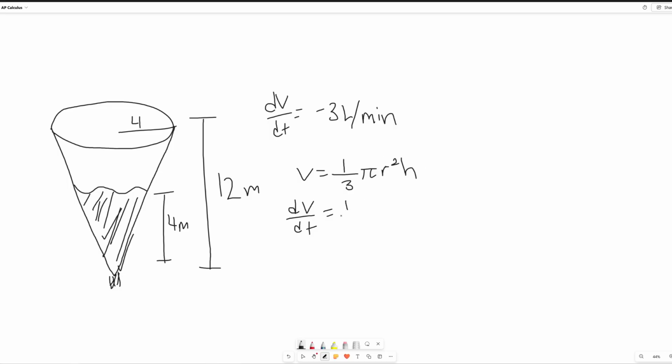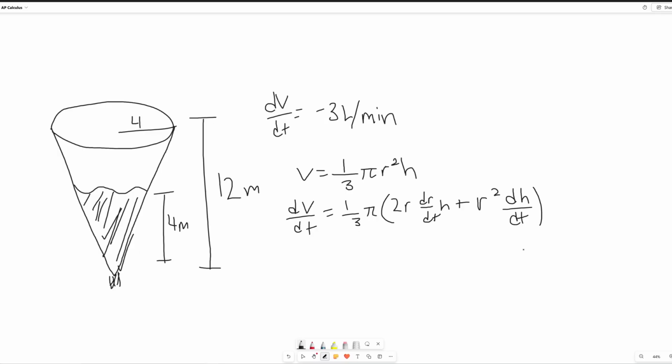So, I'm going to split up 1/3 pi, and then we have r squared h. How would we take the derivative of that? Derivative of first times the second. So 2r dr over dt h plus derivative of the second times the first, which is just going to be r squared dh over dt.